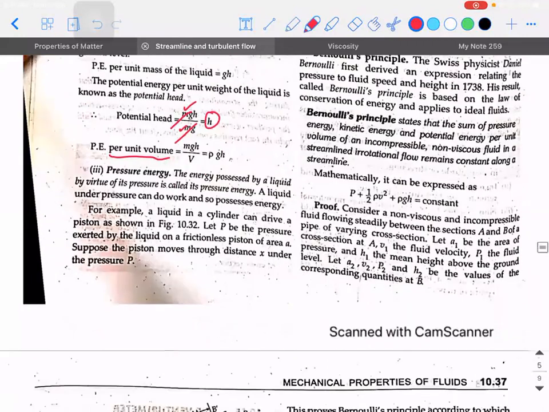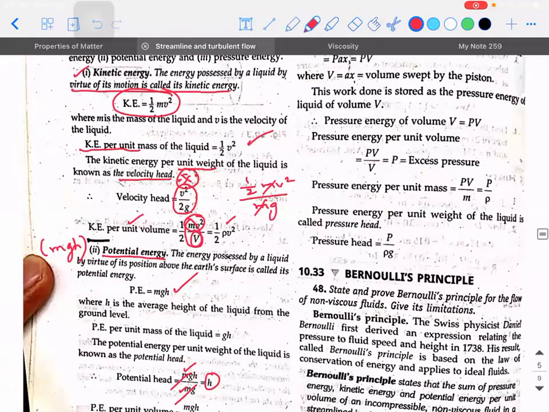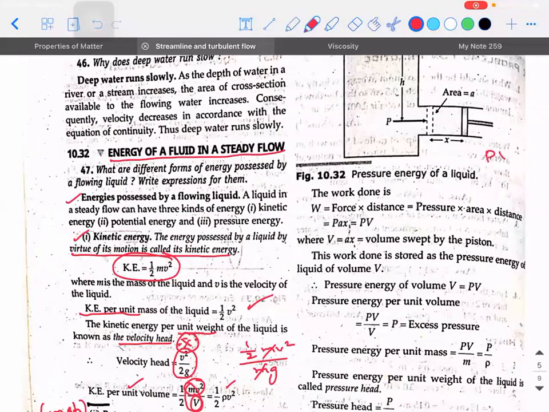Okay. Similarly, pressure energy. The energy possessed by a body by virtue of its pressure is called pressure energy. And pressure energy is nothing but work done by pressure. Work done by pressure is given as P into delta V. Sometimes we can write it as P into V also, where V stands for volume.